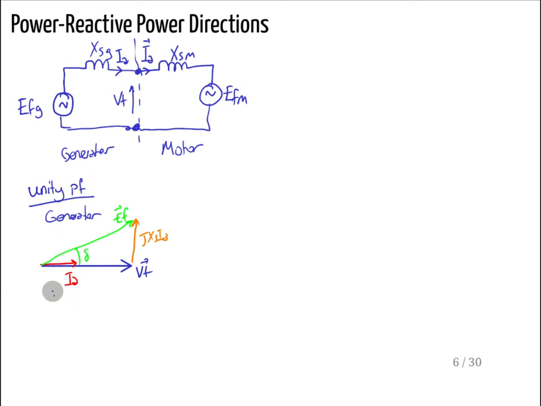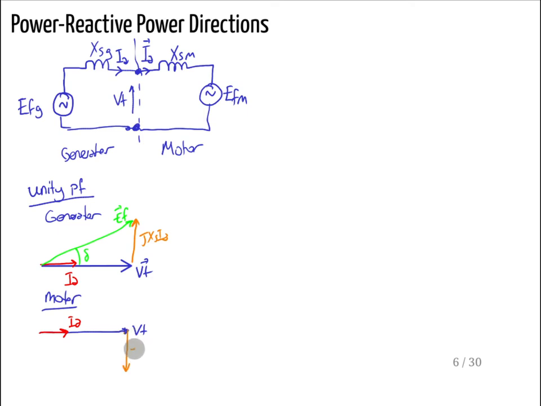For the same operating condition at unity power factor, let me draw the motor. For the motor I will have the same VT and the same IA here, and now it is not VT plus jXS IA equal to EF, but it will be minus, remember.